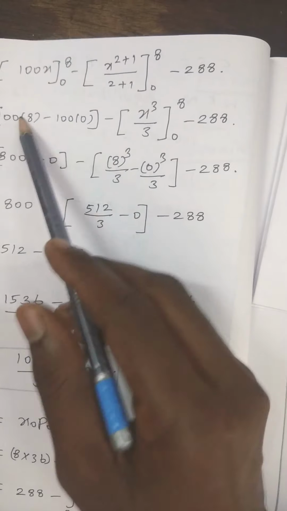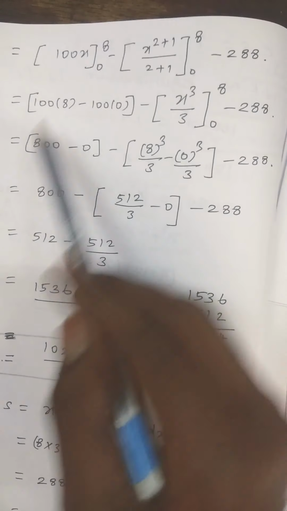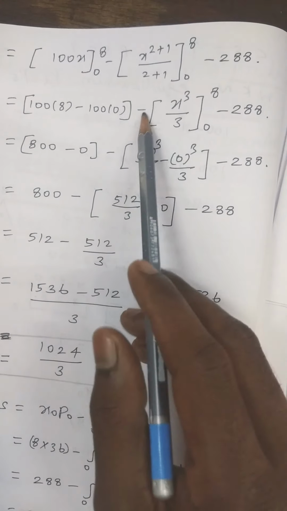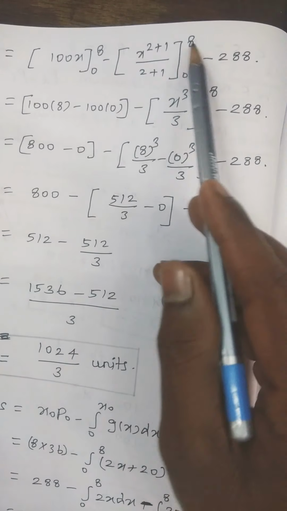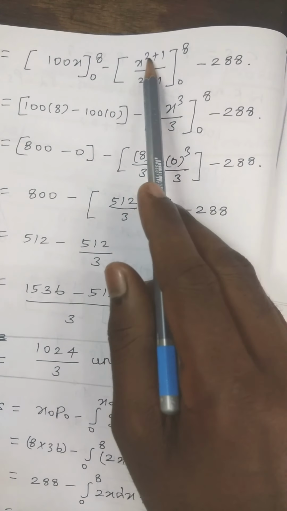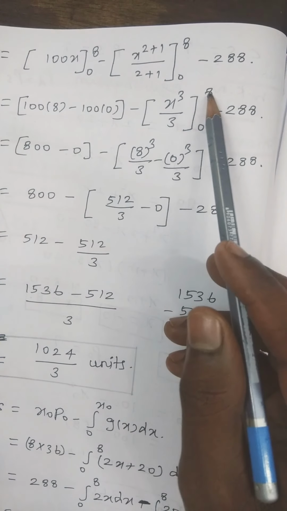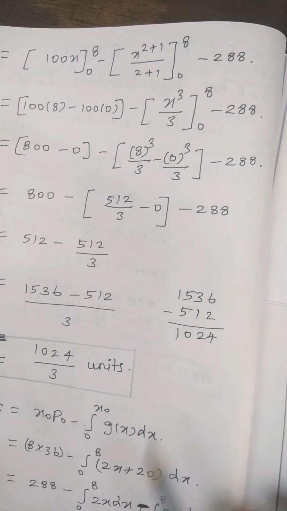Substitute the upper limit. What is the upper limit here? 8. So 100 into 8 minus 100 into 0, minus bracket of x power 3 by 3, upper limit lower limit, minus 288.